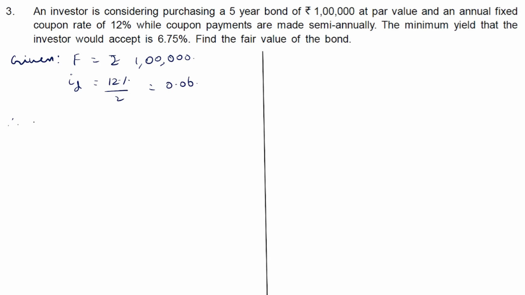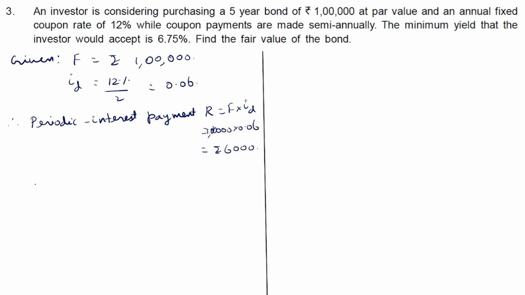So therefore, periodic interest payment R will be F into ID. So it is 1 lakh into 0.06, which is rupees 6000.